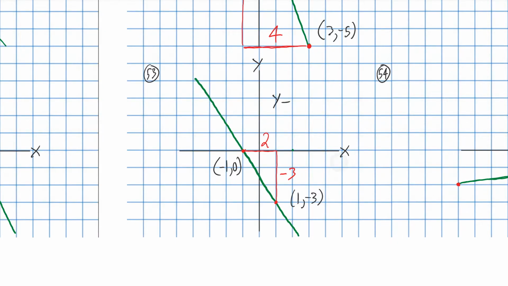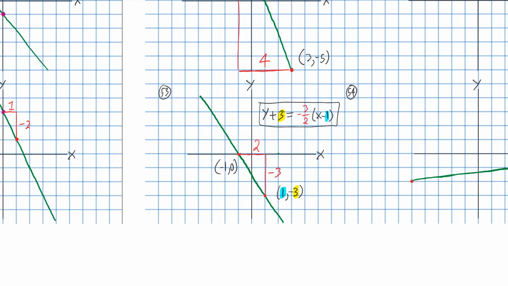And let's see, I'll use the far point. Just double checking that. Everything looks right. There you go. So if you got that answer, good job.